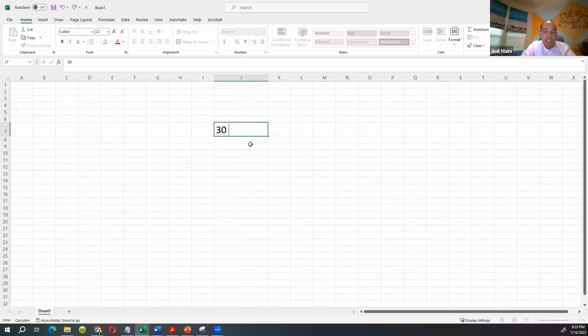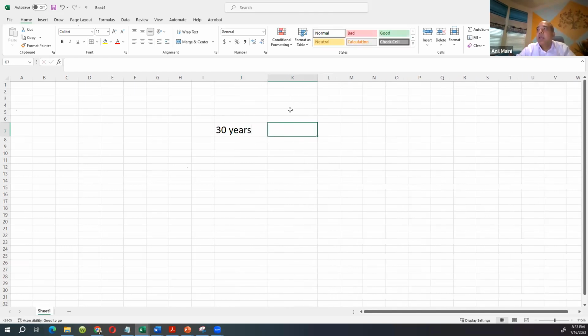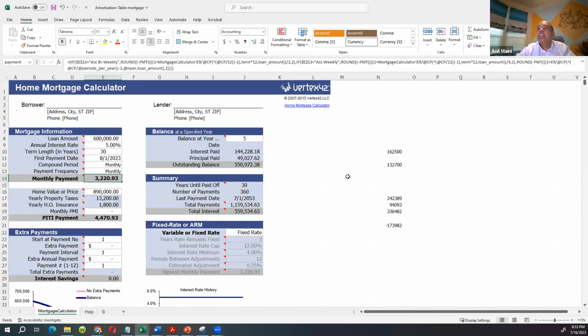Okay, so the 30-year mortgage monthly payment, based on our calculations, is 3220.